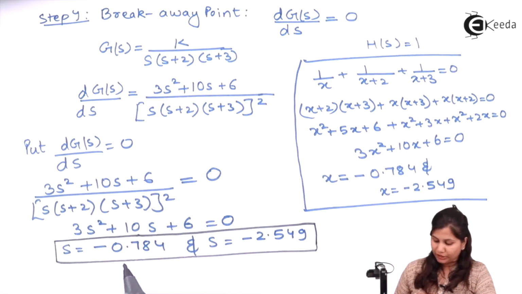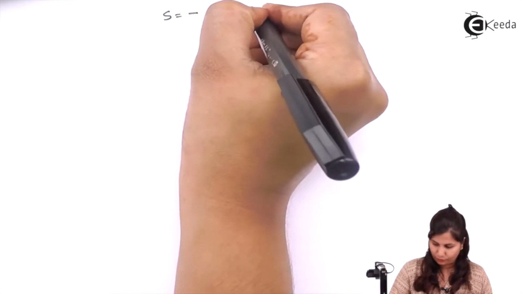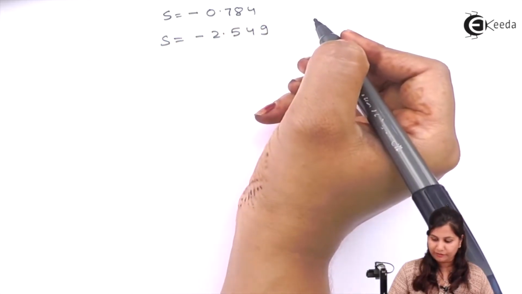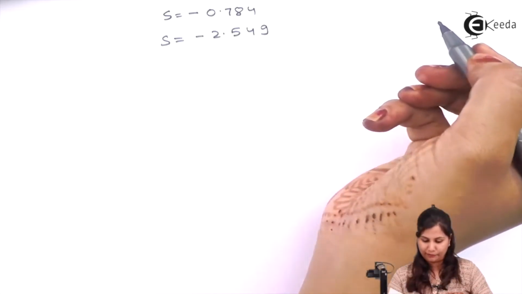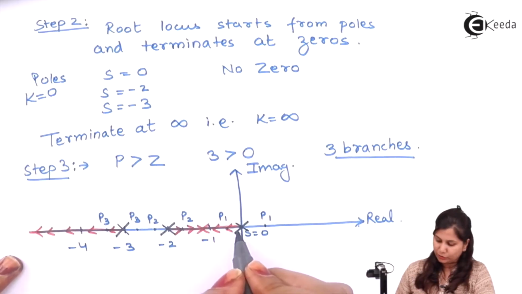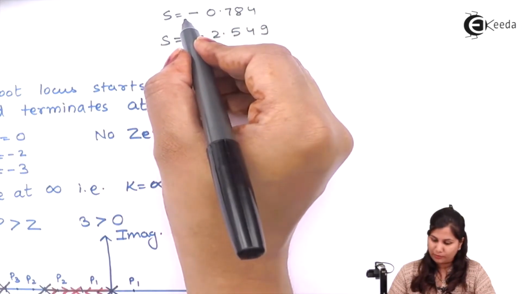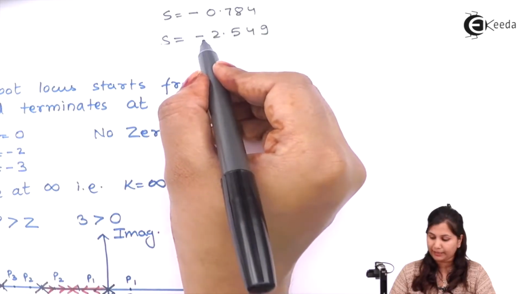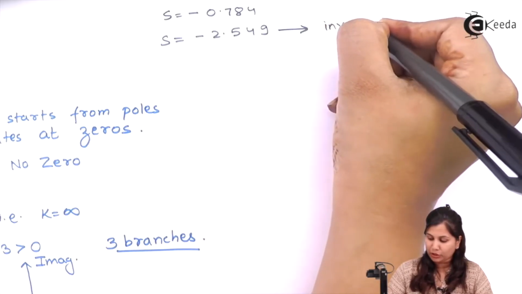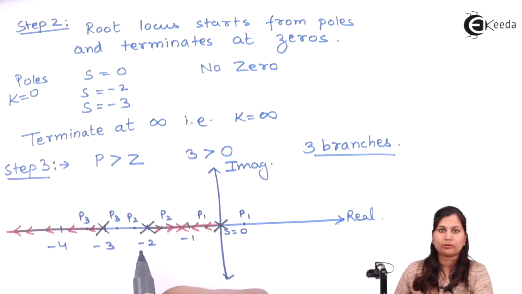Now, out of these two values, that is s equals to minus 0.784 and s equals to minus 2.549, if we see our root locus diagram which we have plotted here, the breakaway point will be somewhere between s equals to 0 and s equals to minus 2, and we are getting the values as s equals to minus 0.784 and minus 2.549. So this point is invalid because it is not lying between s equals to 0 and s equals to minus 2.